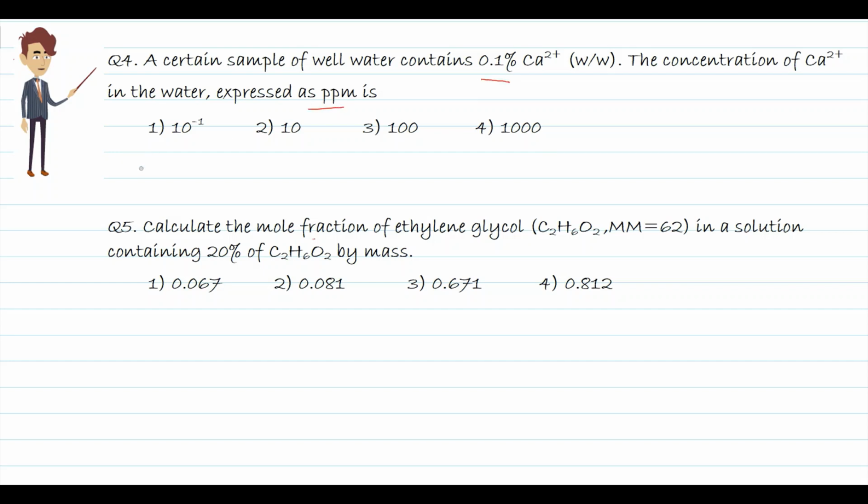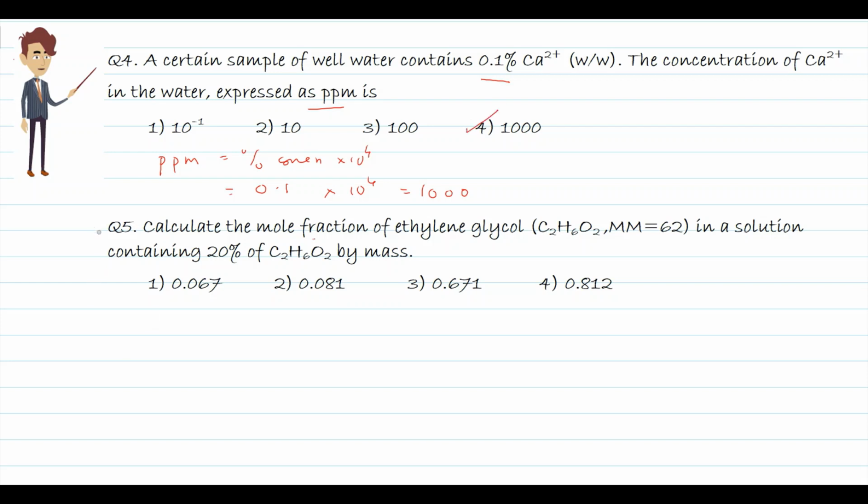We have studied the relation between ppm and percentage concentration. ppm is equal to percentage concentration into 10 raised to 4. Percentage concentration given in the problem is 0.1, into 10 raised to 4. Result is 1000. So the answer must be the fourth option.